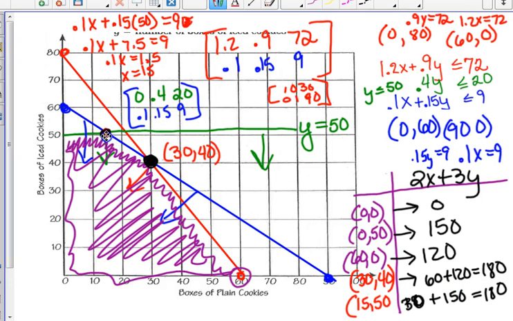So it actually means all points in between here and here would also work. But it really doesn't matter. You would write all points between this and this on the line, which was this line right here, on the blue line.